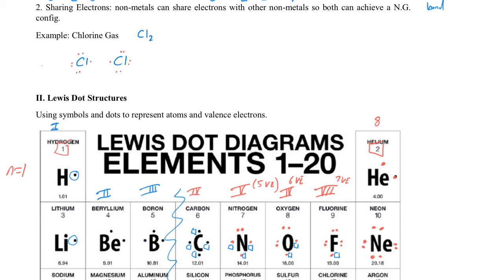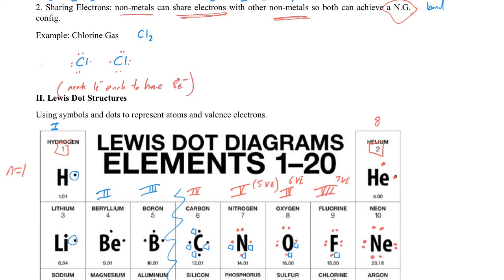Now, the thing about nonmetals is, instead of giving electrons or transferring them to and from each other, they end up sharing electrons. Nonmetals share electrons with other nonmetals to achieve a noble gas configuration. Now, notice that each chlorine needs 1 electron to have 8 electrons.